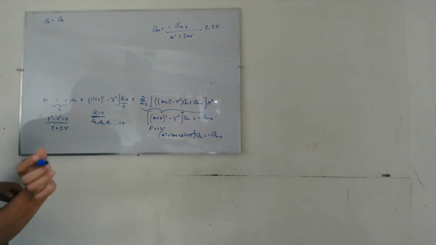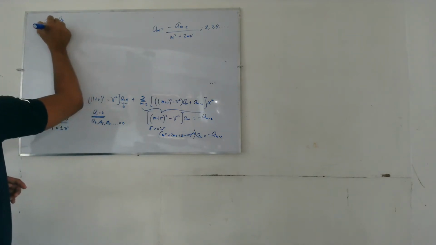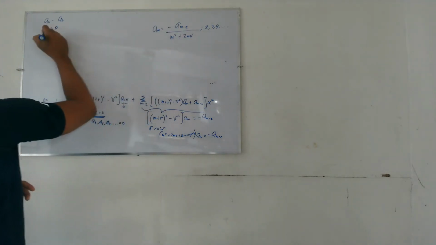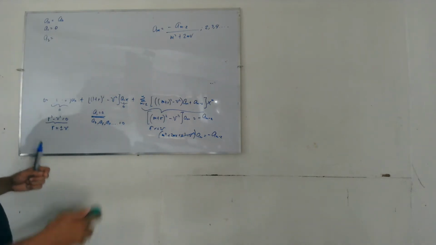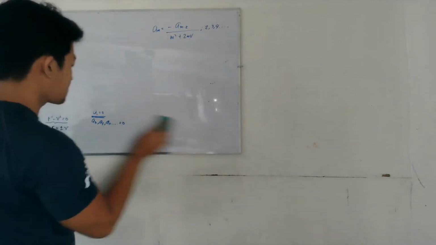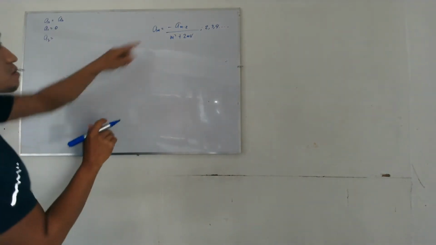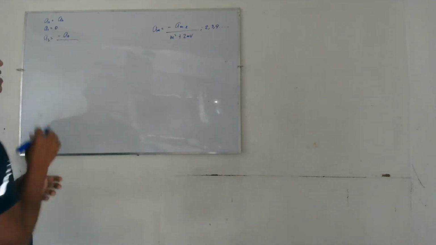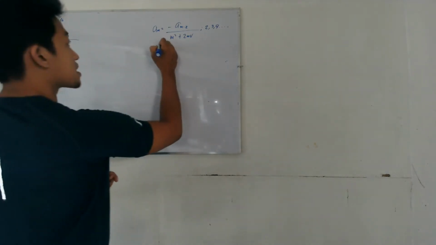And based from this one, A1 is 0. Okay, so A sub 2 is therefore, let me erase this one.